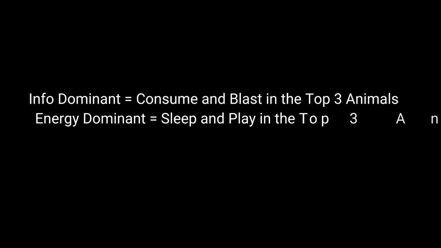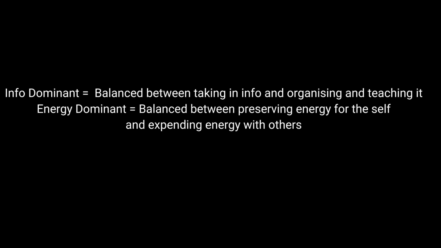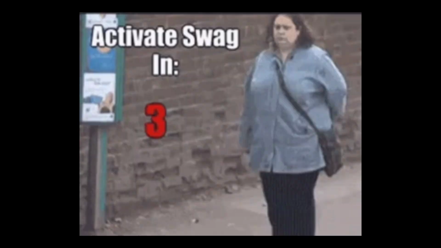And if sleep and play are in the top three animals, that's called energy dominant. Info dominants have an easier time taking in information for the self and giving information to the tribe. Energy dominants have an easier time expending energy for the tribe and preserving energy for the self.